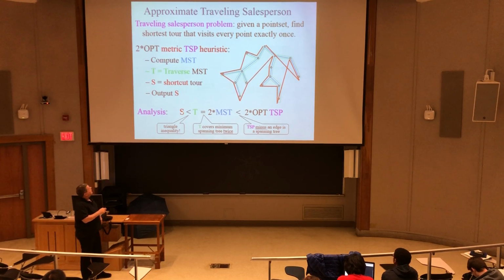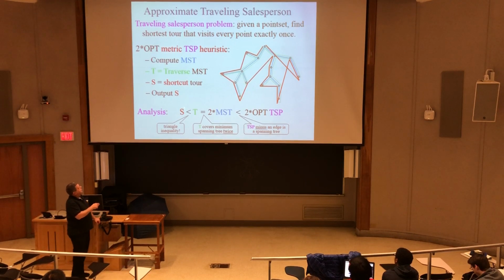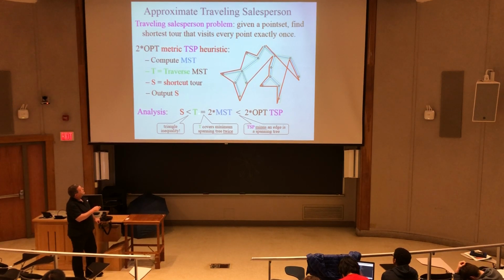So the red tour that we output is less than the green tour, which is equal to twice the minimum spanning tree, right? This traversal in green is twice the traversal of the MST, because every edge in blue is covered twice in the green tour.